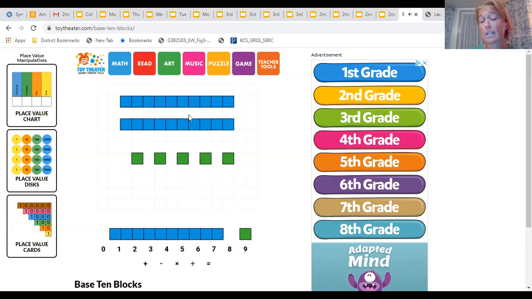So if I was counting, I would say 10, 20, 21, 22, 23, 24, 25. Again, we're counting these by tens because there are 10 units that make up that rod.